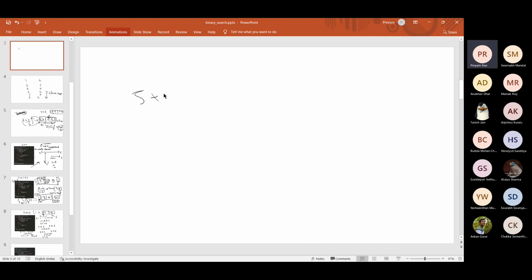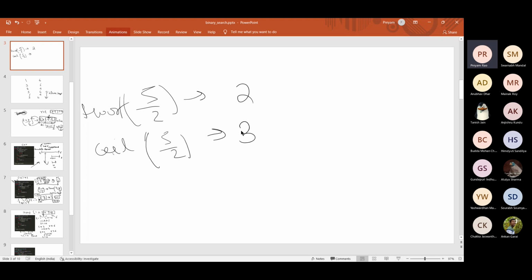So if it's 5 by 2, this by the way is sort of a trick. 5/2 floor is 2. 5/2 ceil is 3. In C++, 5/2 is 2.